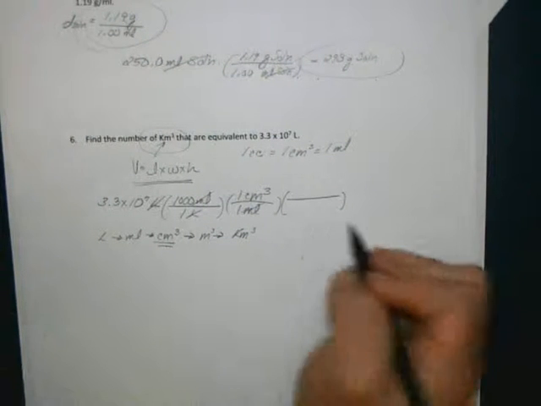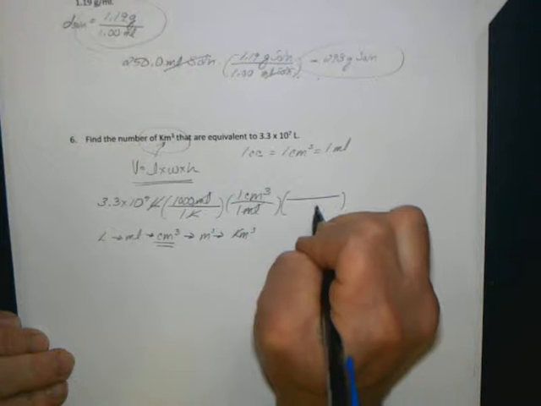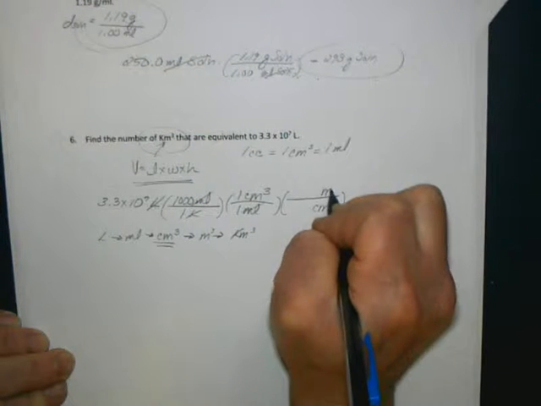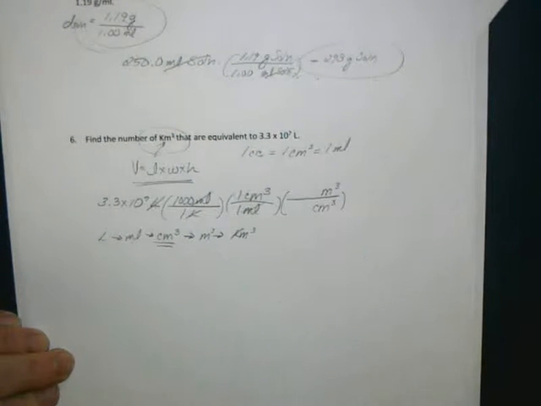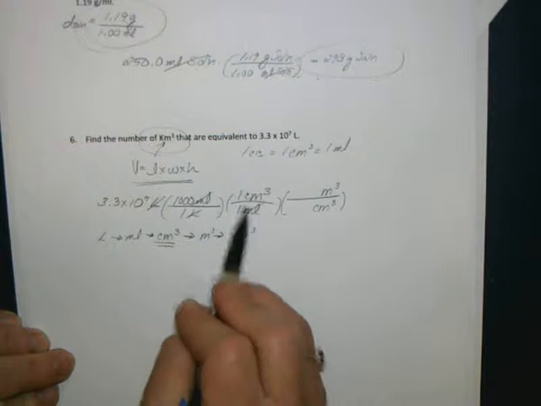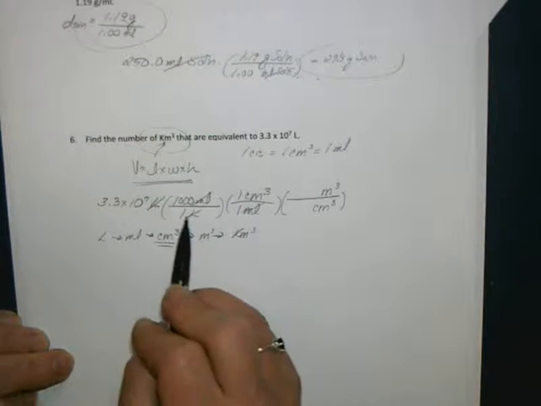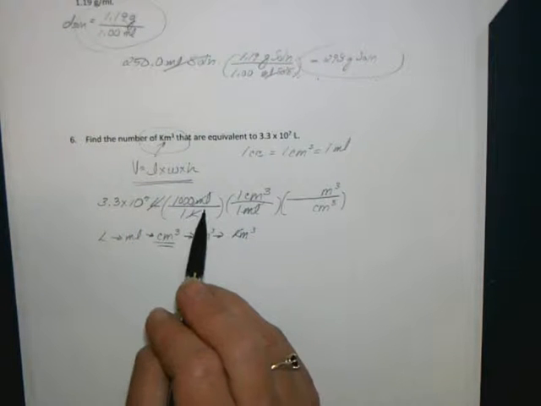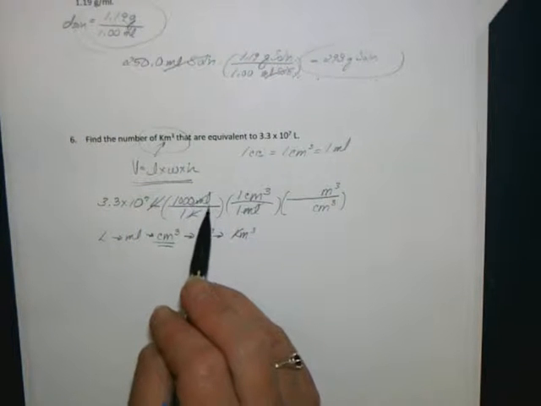Well, now, technically, I need to cancel centimeters cubed and get myself to meters cubed. I know these beyond a shadow of a doubt. We use conversion factors from our memory when there's no hesitation of the relationship.